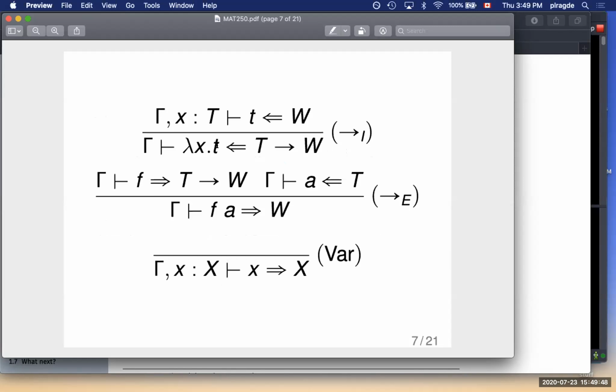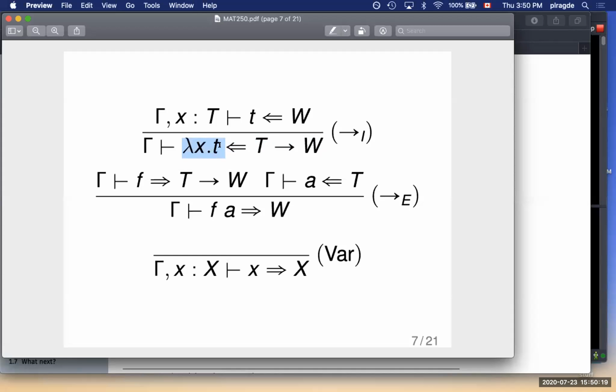So here is a bidirectional rule for checking that a lambda expression has a function type, T arrow W. And it is checking because the arrow is going from the type to the term. So the type is being provided, and we just have to check that this expression has that type.